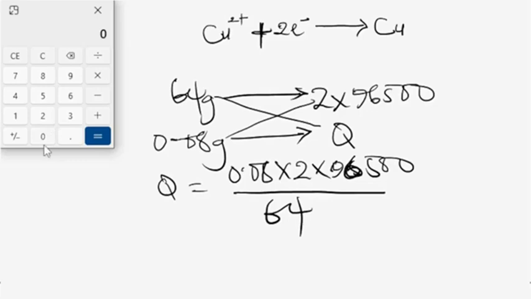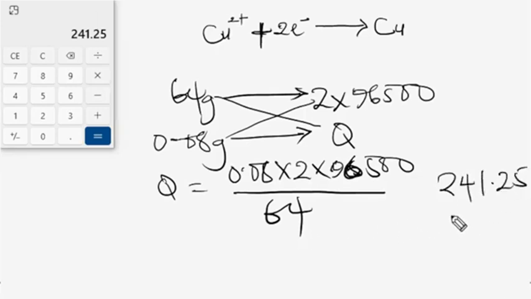So you're going to have 0.08, and then this multiplied by 2, and then this multiplied by 96,500. So this is 15,440. So you're going to divide this by 64 here, and this is going to be 241.25.